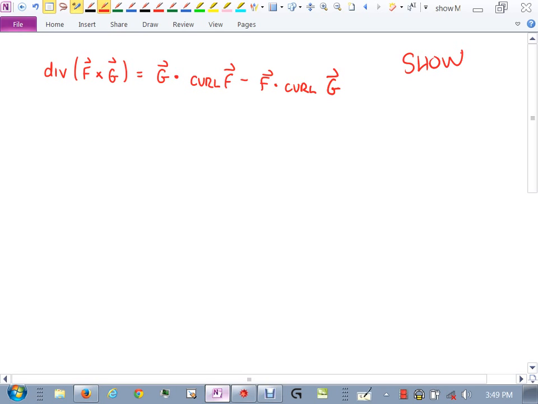So I'm going to start with, well, what do you want to start with? Left side? All right, so we're going to start with the left side here, and we're going to try and turn it into the right side. So I want the div of, what's the cross of f and g?